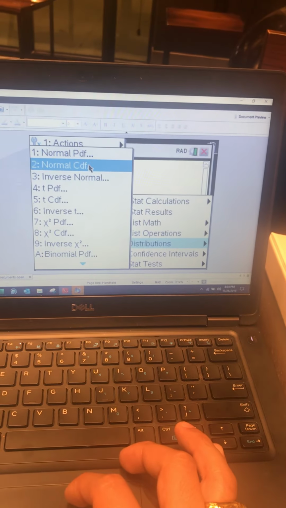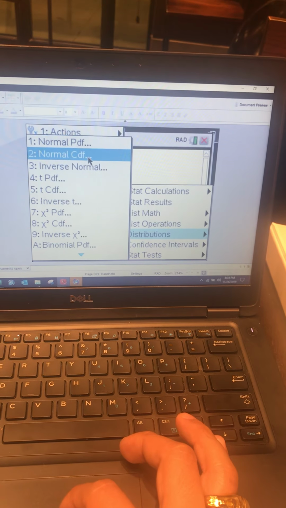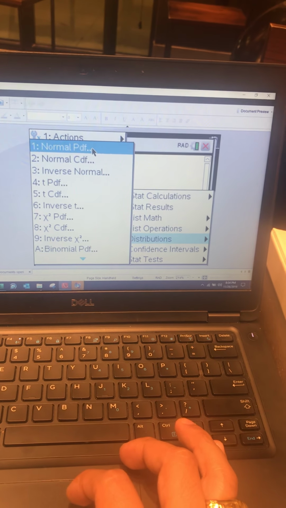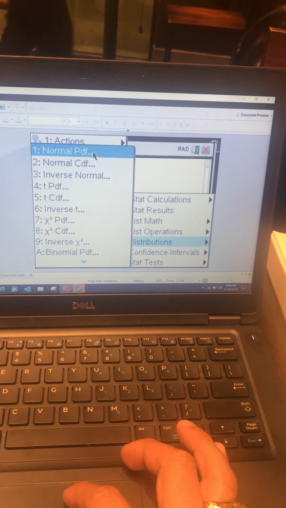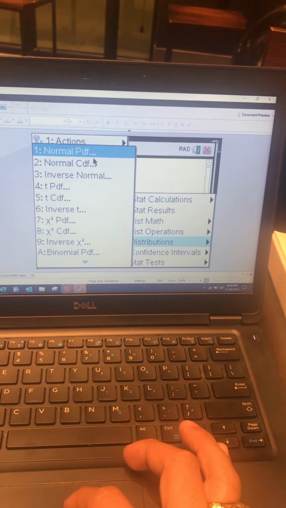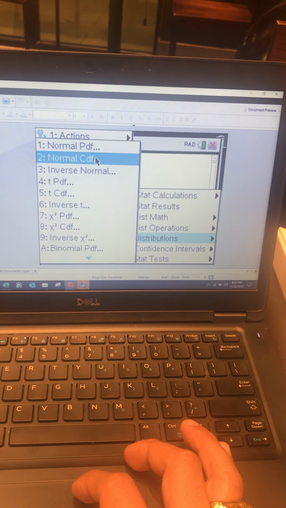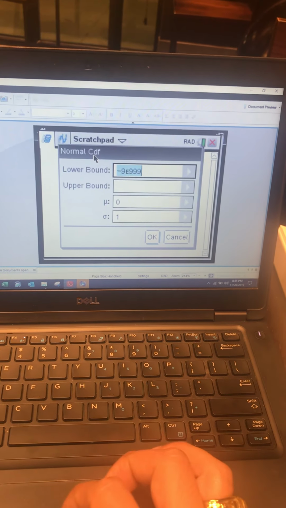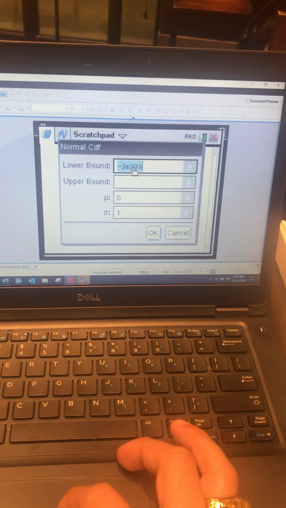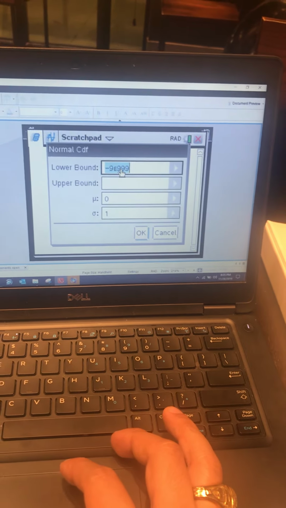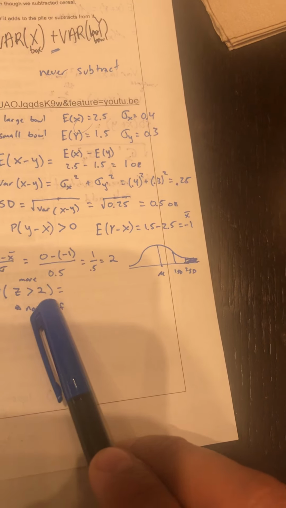Normal CDF. Okay? These two are almost the same, but the PDF is when it's exact, so the z-score is exactly 2. This one is when you have an inequality, so greater than or less than. So the lower bound, you see how in our graph we want it to be greater than 2, right?